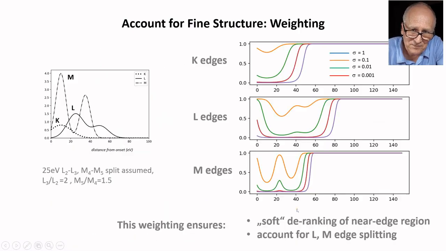Well, how does it look like? Here is just an example. You remember that K, L, and M edge envelopes are very different, and these are examples of weighting functions with these envelopes. First of all, you notice that this weighting function depends on the noise, which is actually a desired feature, because if the spectra are noise-free, we have to model ELNES extremely carefully.